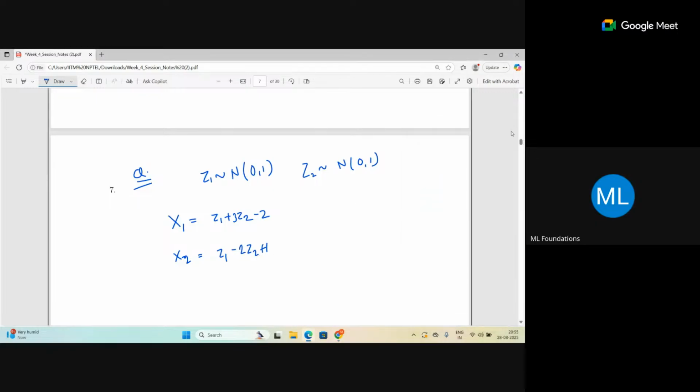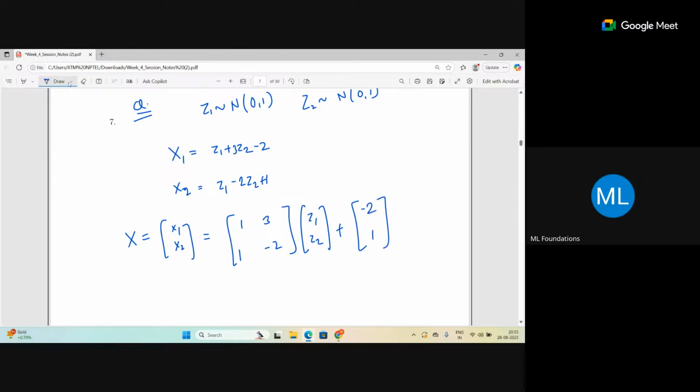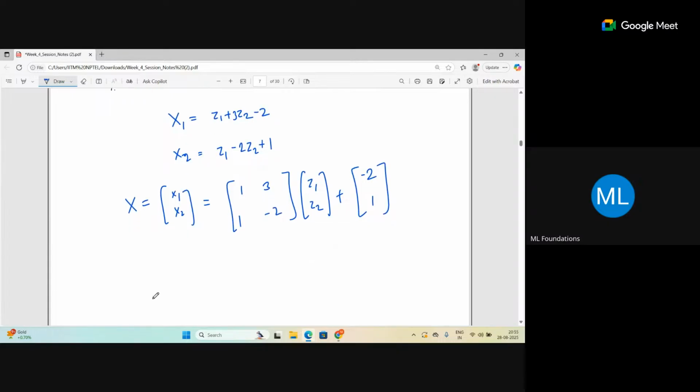Now, x is this vector, x1, x2. So how can I write it in terms of z1, z2? I'll write down its coefficients: 1, 3, 1 and minus 2, times z1, z2, plus this vector, minus 2 and 1. Can I write x1 and x2 like this in vector-matrix format?